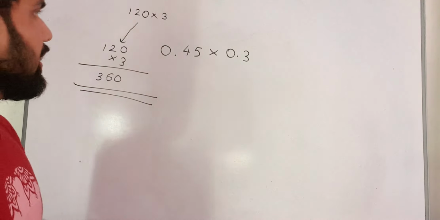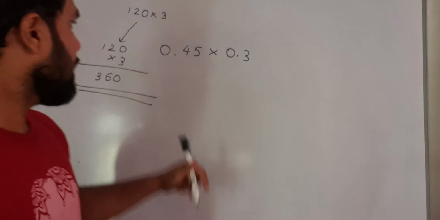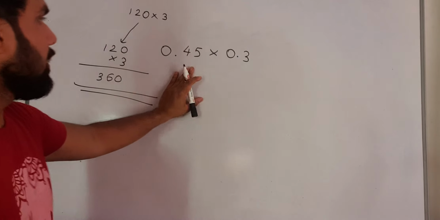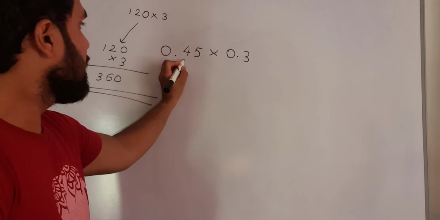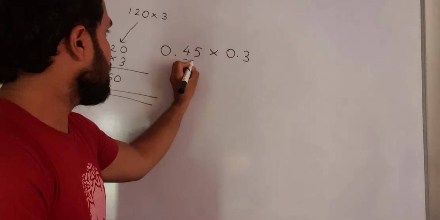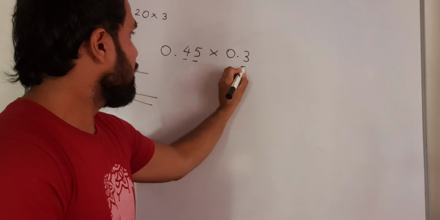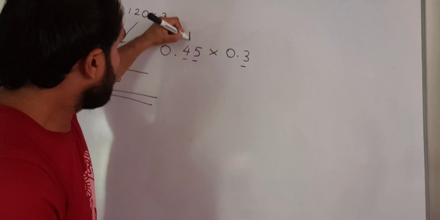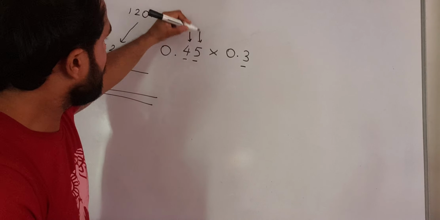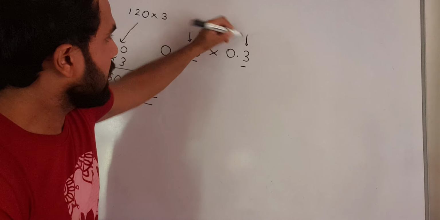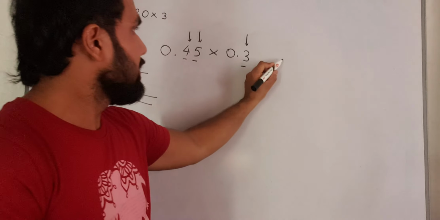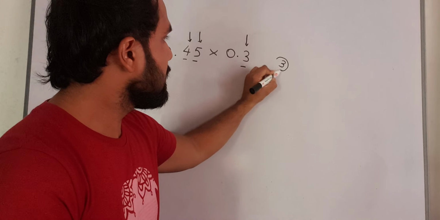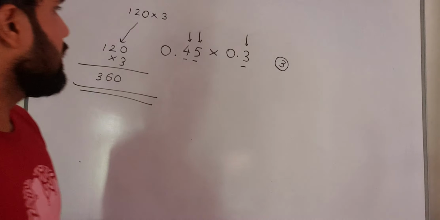So what are we doing? Basically, we count each number which is after the decimal. 1, 2, 3. Then there are 3 decimal places.